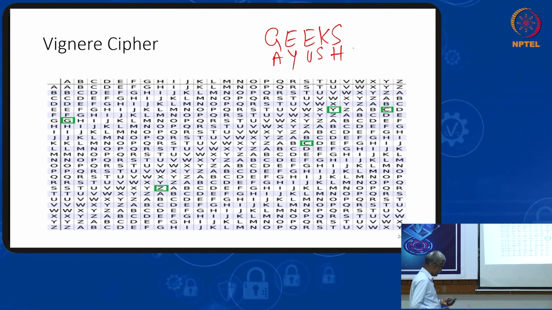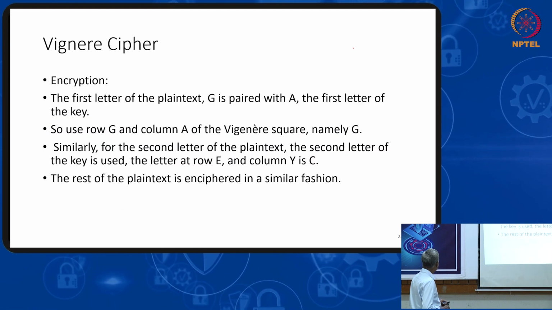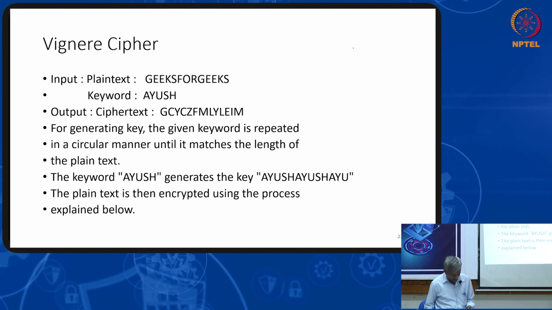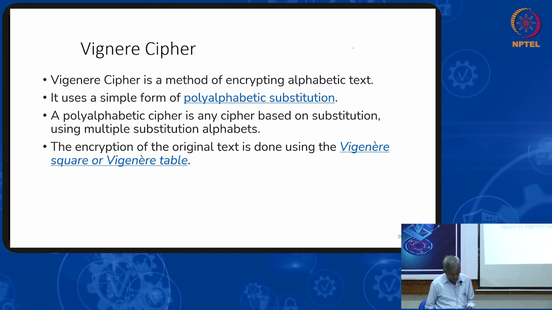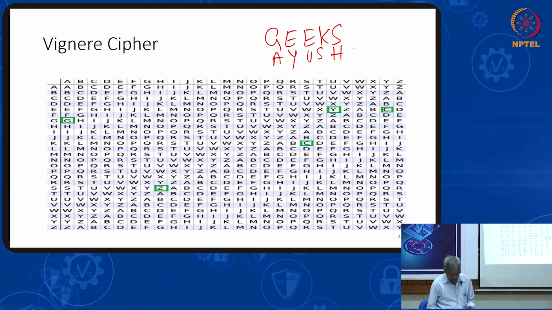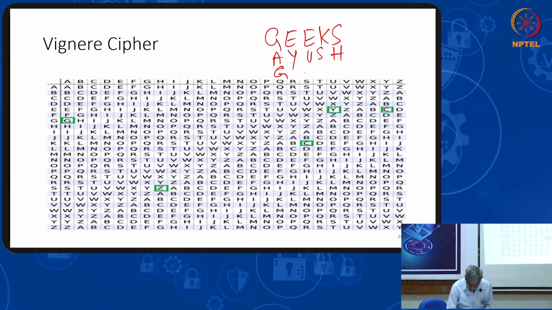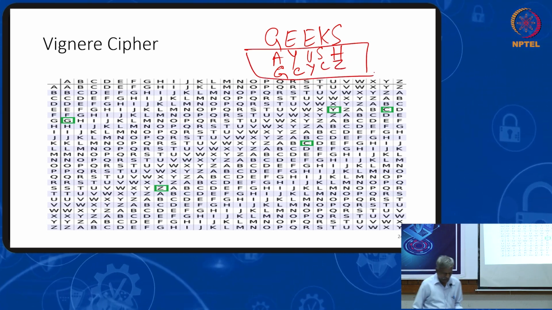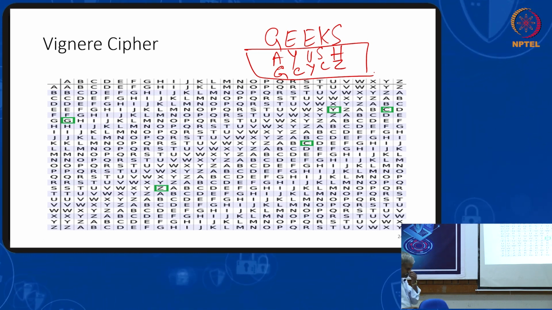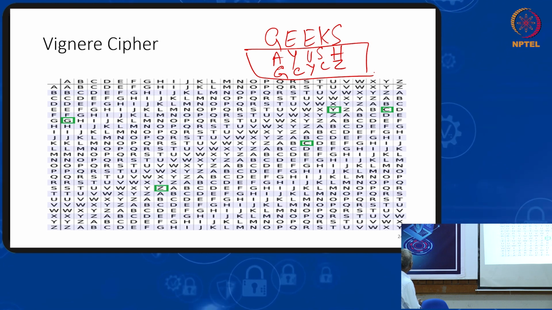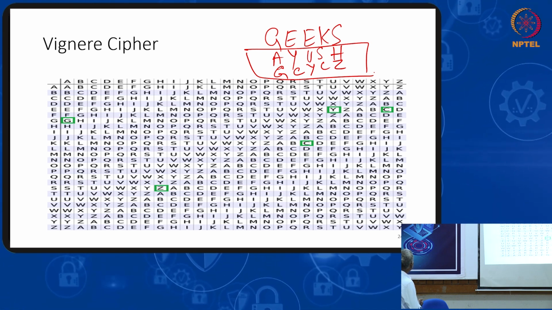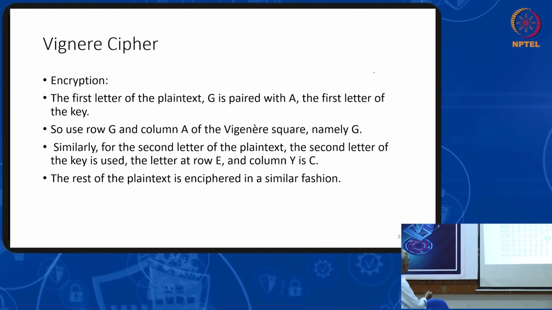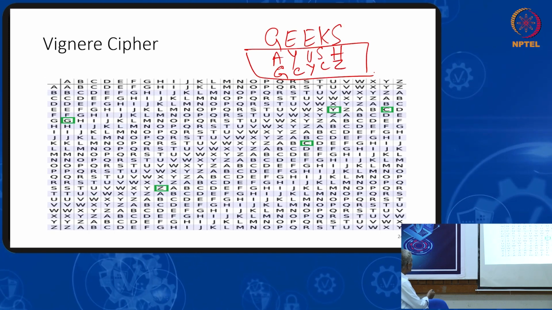The cipher text was G C Y C Z. Now first you have to take G row, 8th column.